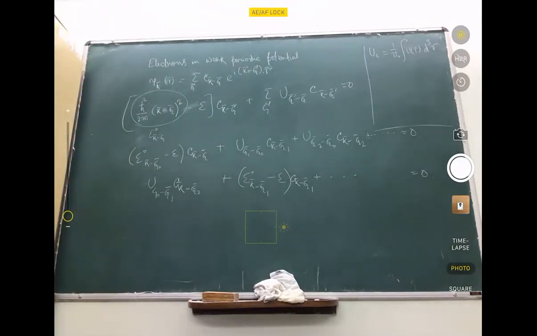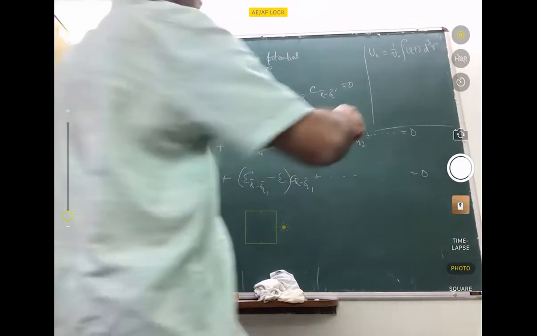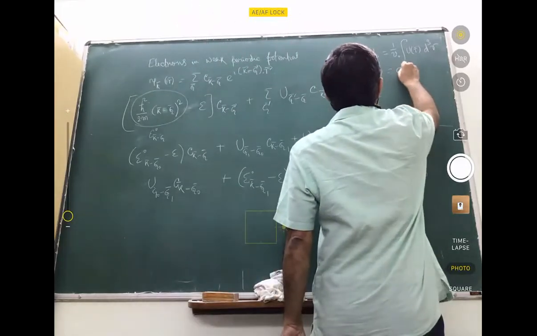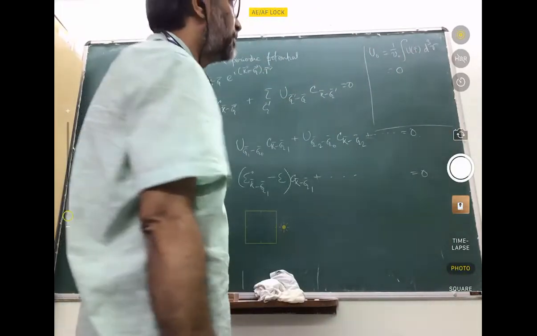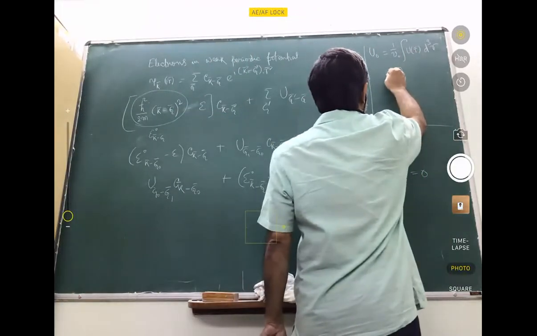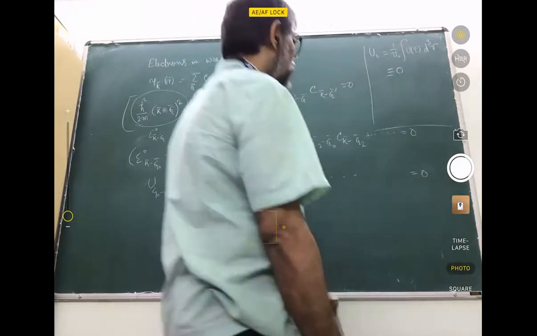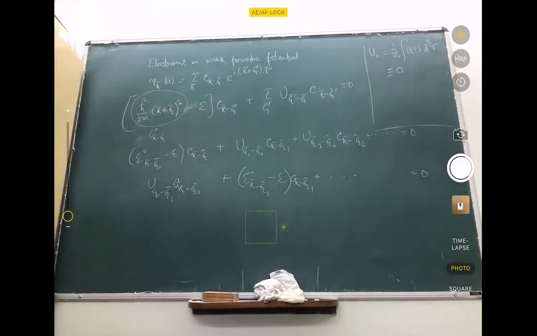It's some constant for a given crystal, so I can always redefine my energies so that this is now 0. With that definition, I have just dropped all the U0 terms.